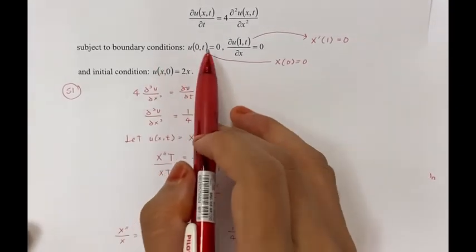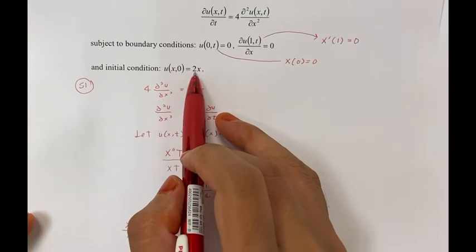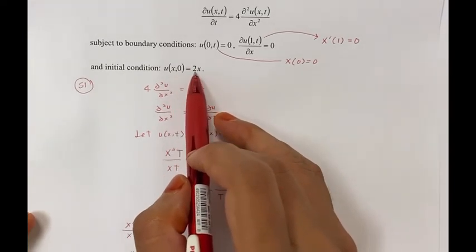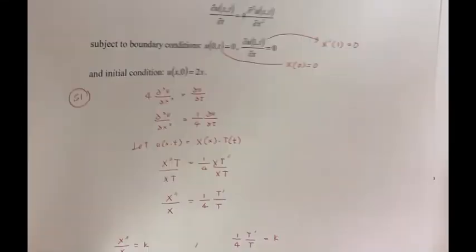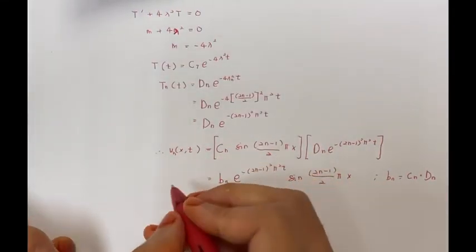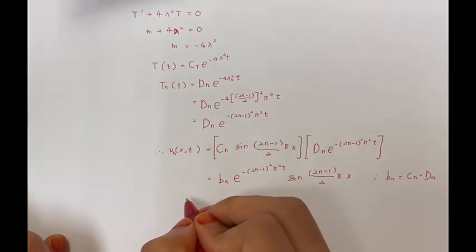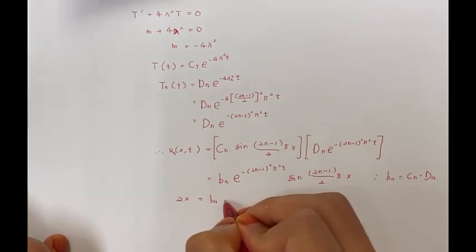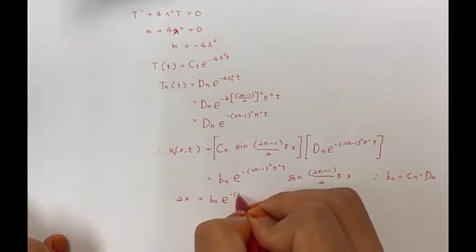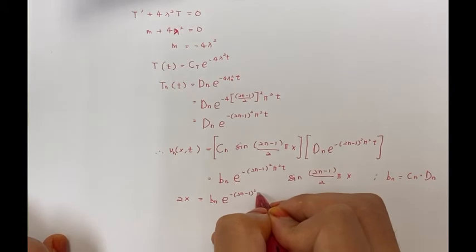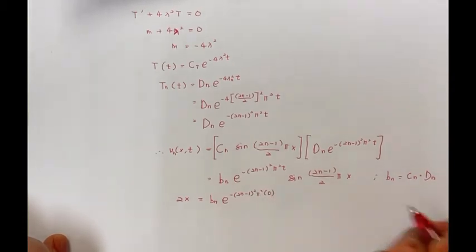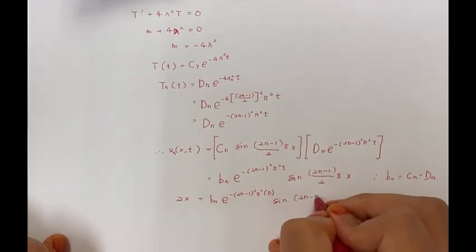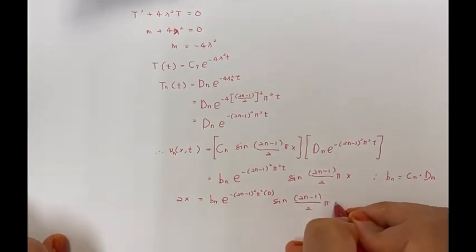Okay. Initial condition u(x,0) equal to 2x, meaning that when t equal to 0, substitute t equal to 0, you have u(x,t) equal to 2x. Okay, so substitute the initial conditions. You have 2x equal to Bn exponent negative (2n minus 1) square π square t is 0, sine (2n minus 1) divided by 2 π x.